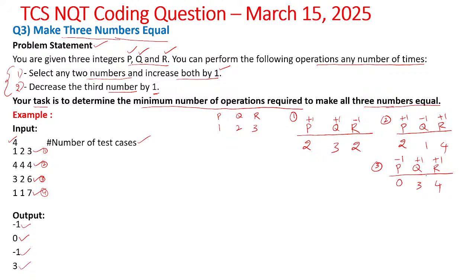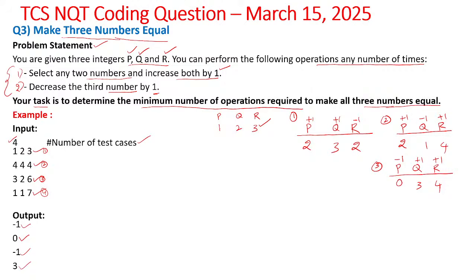In this, if you observe, the value of a number should not be more than the maximum value of the given input. Because if you want to make them equal, you should be increasing some numbers, and ultimately the maximum number and minimum number should come close to each other.